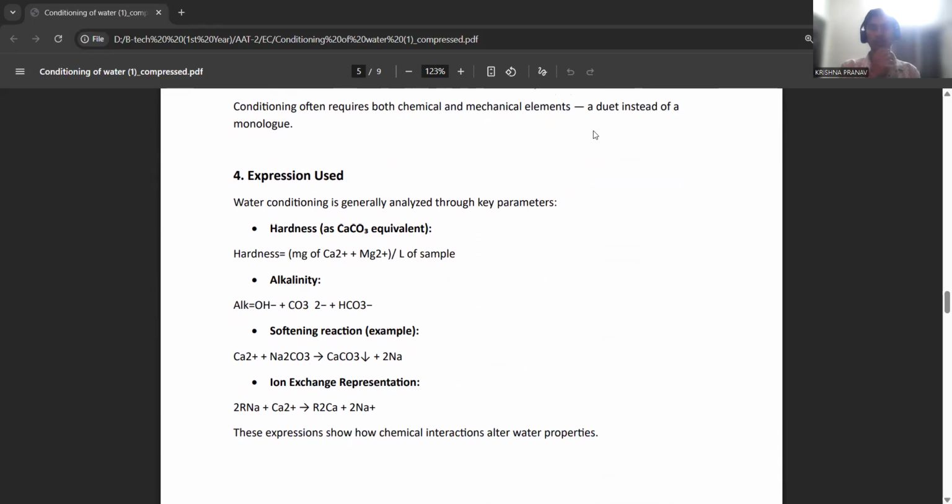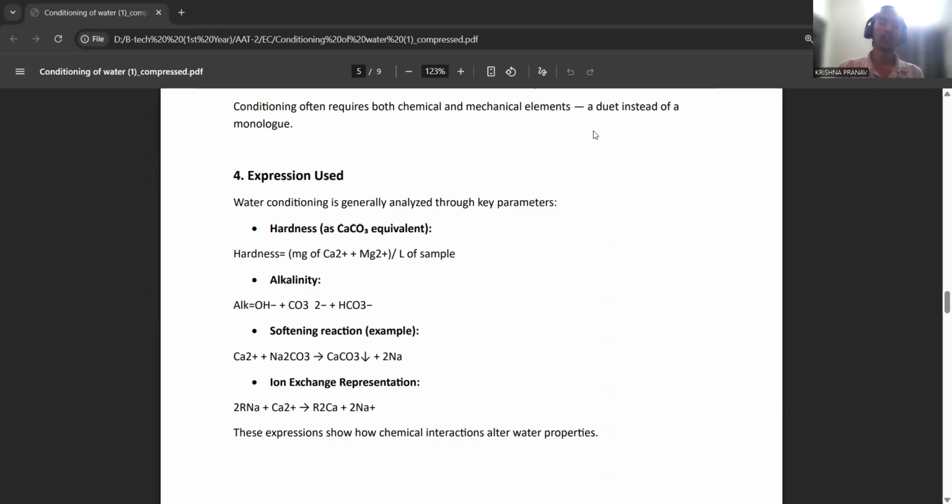Expressions used. Water conditioning is generally analyzed through key parameters. Hardness as CaCO3 equivalent: hardness equals mg of Ca2+ plus Mg2+ per L of sample. Alkalinity: ALK equals OH- plus CO3 2- plus HCO3-.